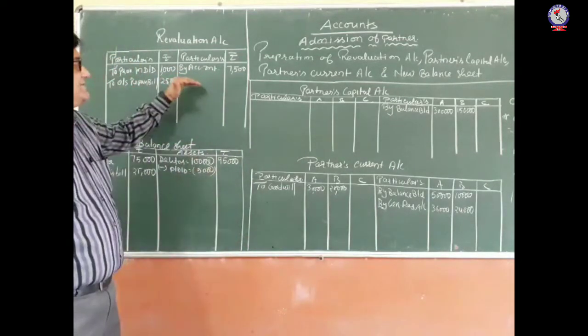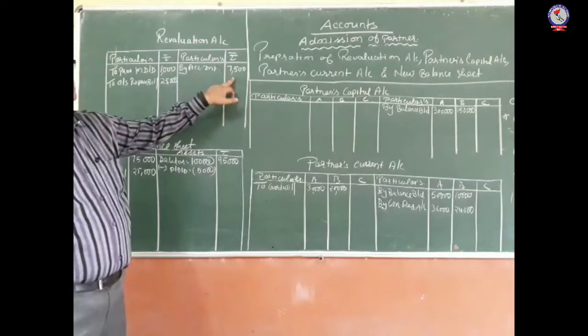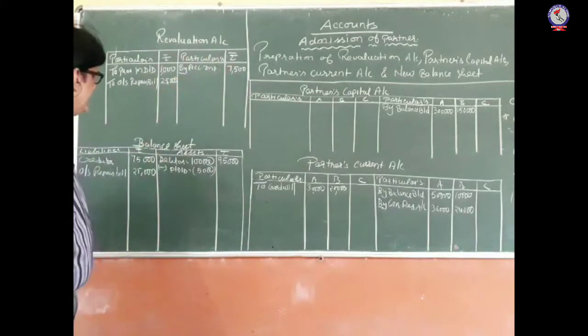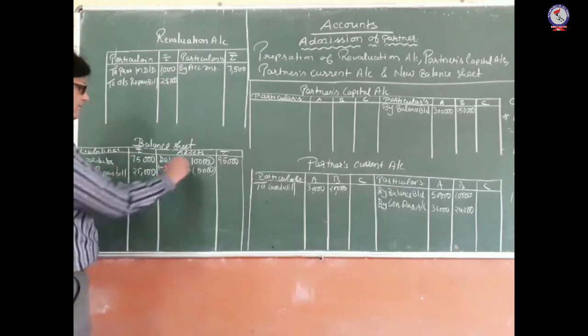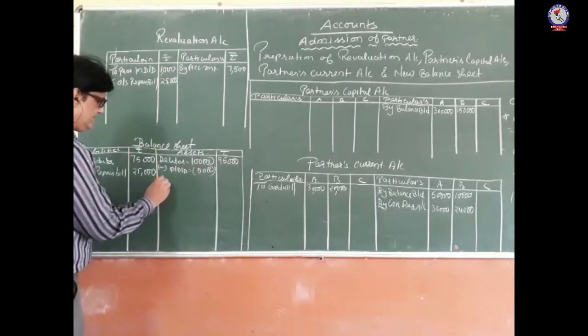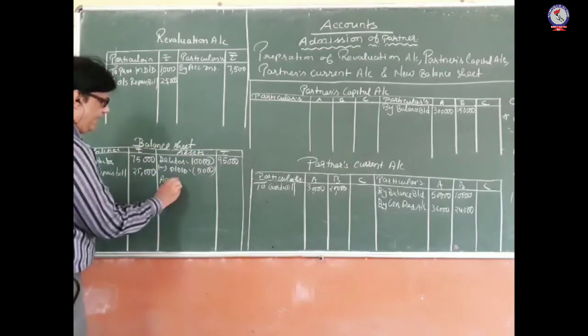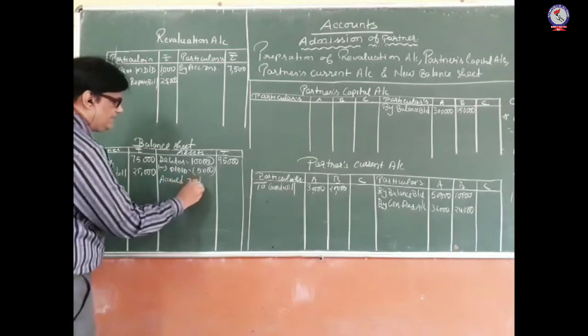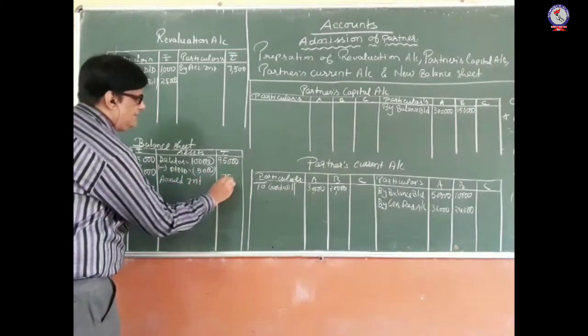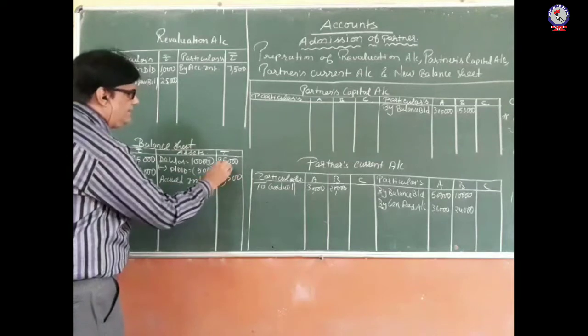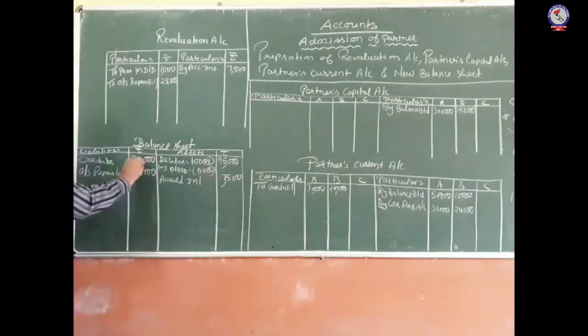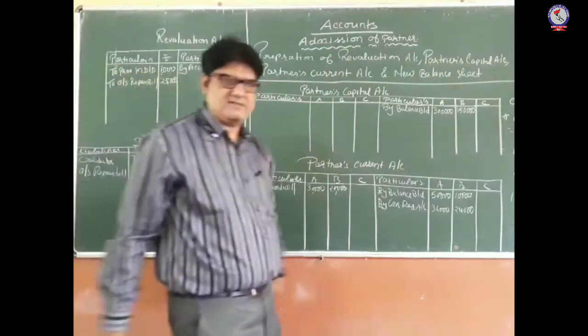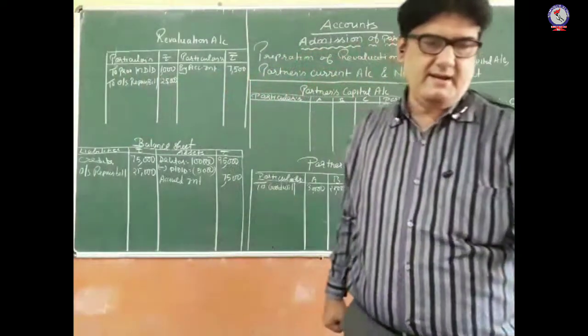So this will increase your asset. तो asset increase होगा तो फायदा, तो revaluation credit side, and here also on the asset side, that is accrued interest 7,500. Okay. So this is how you have to show the treatment of this adjustment.